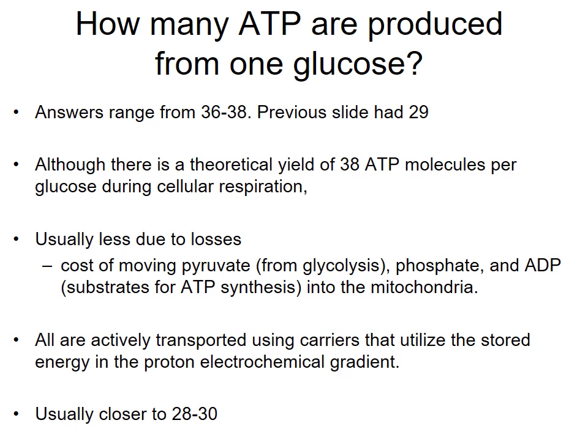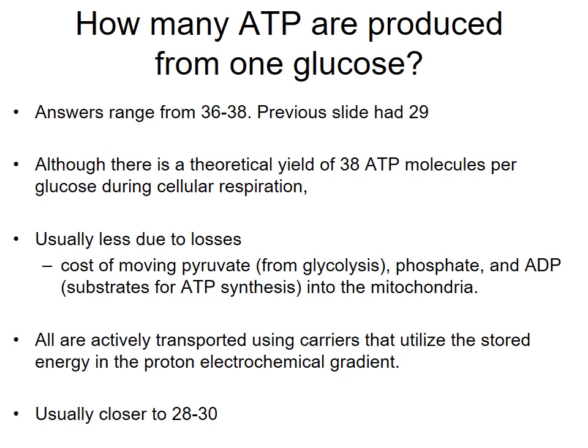However, there are usually losses along the way. Remember, there's a cost for moving the pyruvate during the process of glycolysis. There's costs of moving phosphate and ADP, the substrate for ATP synthesis, into the mitochondria. So remember, you have to spend energy to make energy.